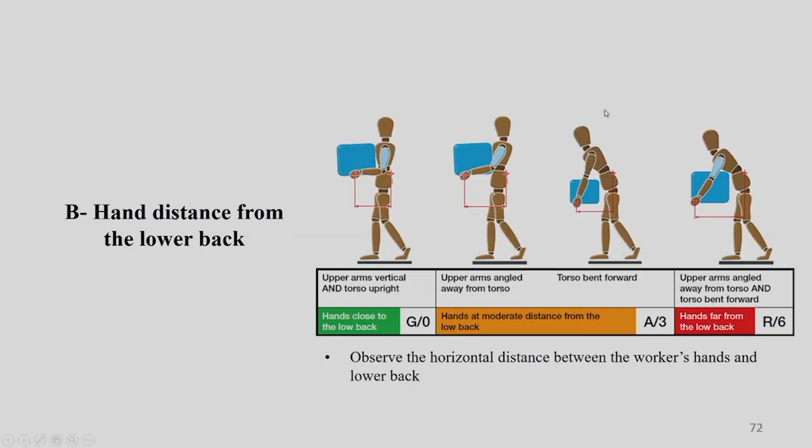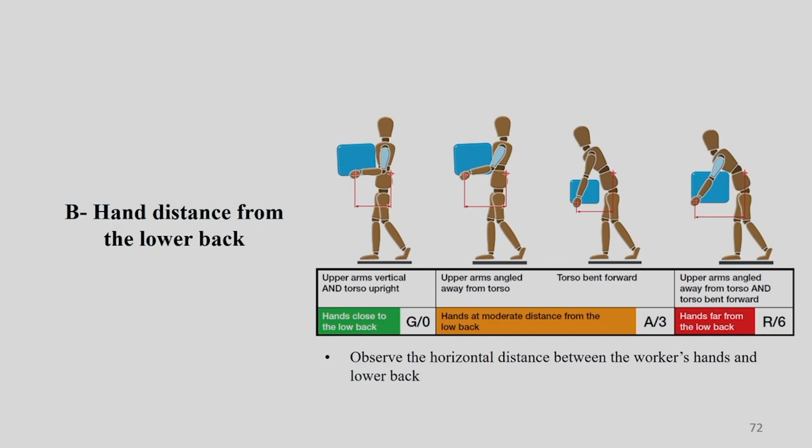Now, hand distance from lower back. Here for factor B, we do not have anything in purple color. It says that anything beyond red, that means the presence of such a posture or context, is really impossible in an industrial scenario. So that purple portion is not available in the case of factor B, hand distance from the lower back.